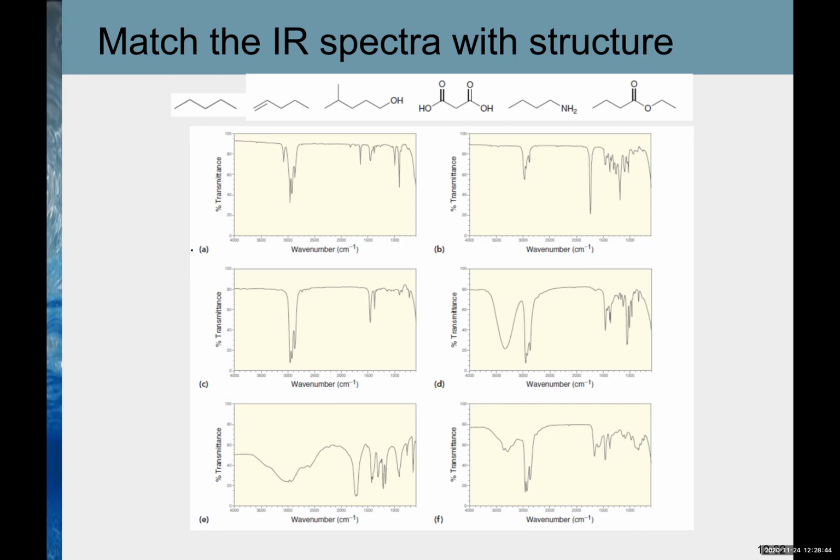Let's go with the easier one. Which one are you sure that spectra belongs to which molecule? Any of these which you are sure this is that one? Anything you can match?